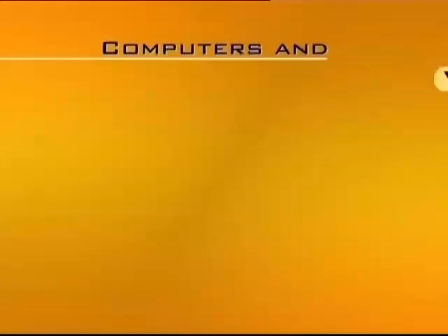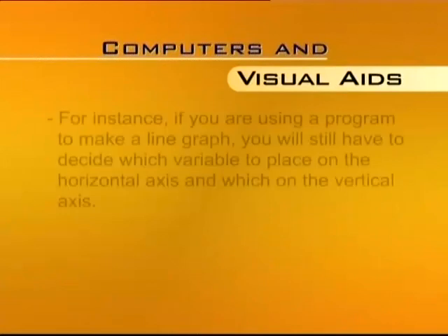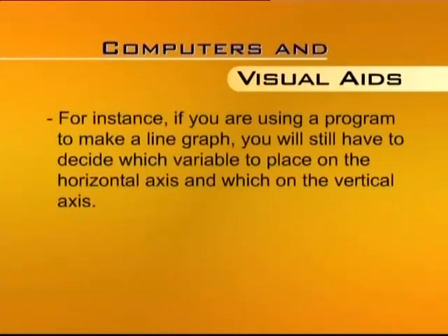So even though you are using the computer, even though the aid will be given to you by the computer, you need to make essential decisions about the design of that visual aid. For instance, if you're using a program to make a line graph, you will still have to decide which variable to place on the horizontal axis and which variable to place on the vertical axis. You will still have to decide what intervals to use for your variables and what your labels should say.